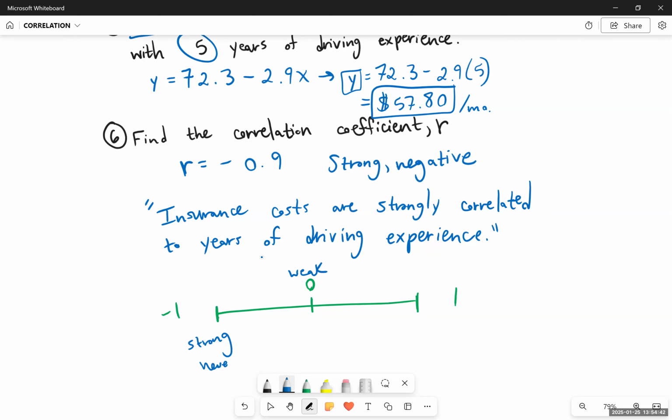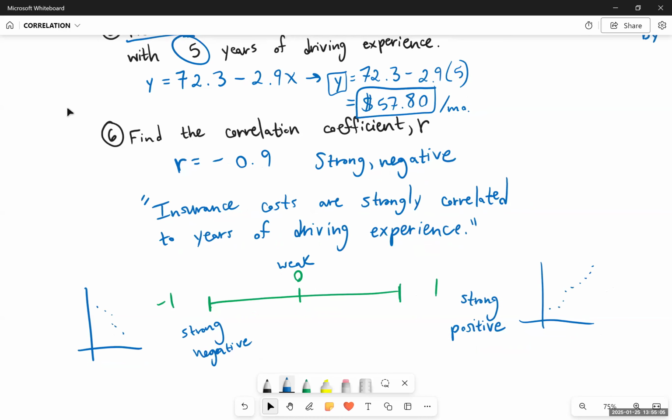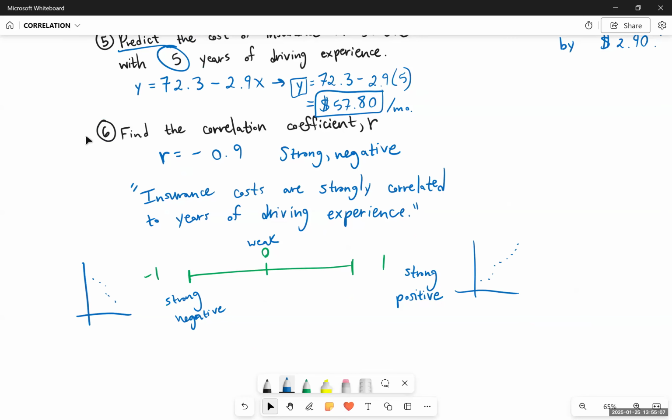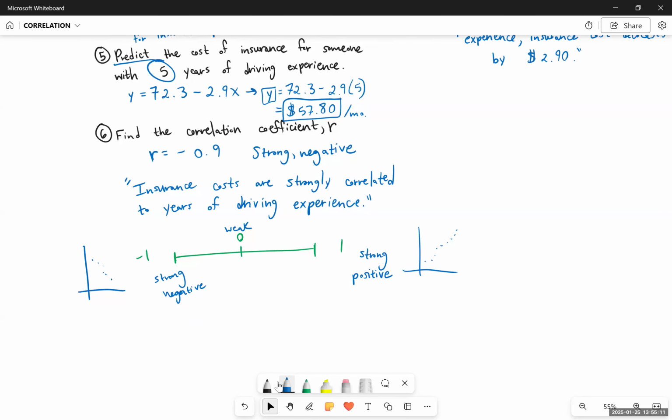And anything close to that, like 0.9, 0.8. And this end for R, it's only going to be values between these two, -1 and +1. That would be a strong positive, in which case that would be a graph that looks maybe more like this. But we got a graph that looked like a downward direction, right? So we can say insurance and the years of driving does have a correlation, right? Both from looking at the graph and using this correlation coefficient R.